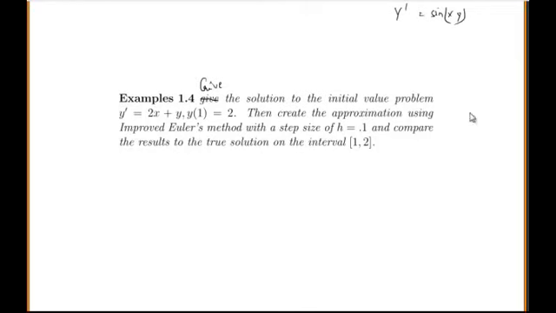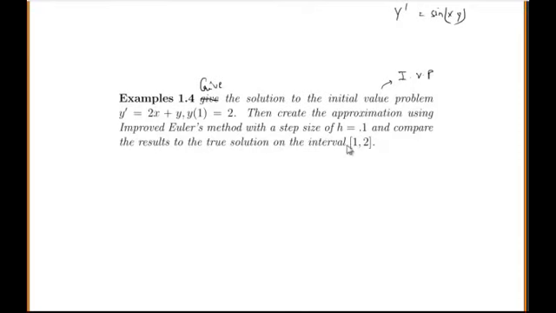Okay, so coming to this: give the solution to the initial value problem, IVP, y prime equals 2x plus y, with y at x equals 1 taking the value 2. Then create the approximation using the improved Euler's method with a step size of h equals 0.1 and compare the results to the true solution on the interval 1, 2.